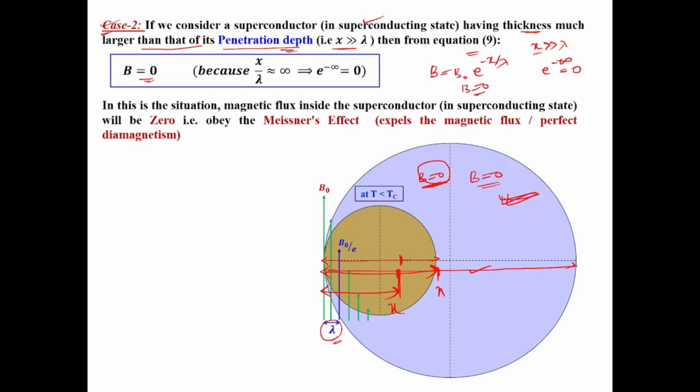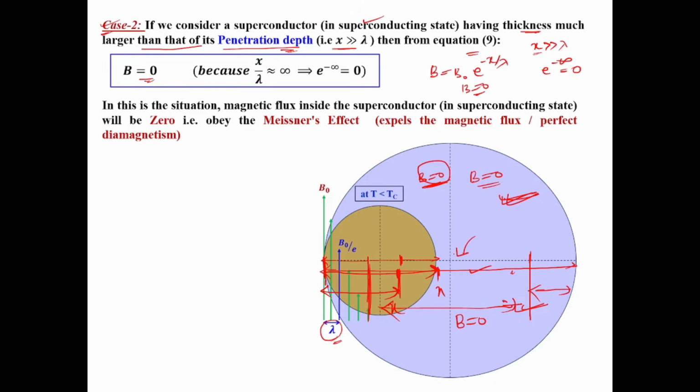Only at the edge of this large superconductor can we perceive the magnetic flux, up to this much distance. From this side also you can consider the same, up to this much distance we can perceive the magnetic field, but inside the superconductor the magnetic flux will be 0.